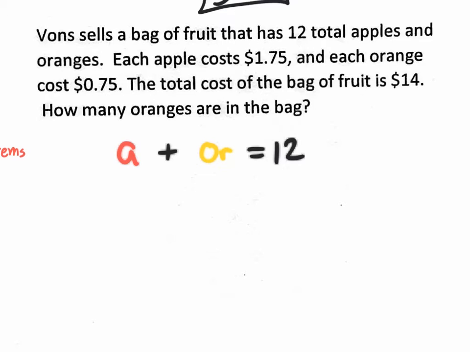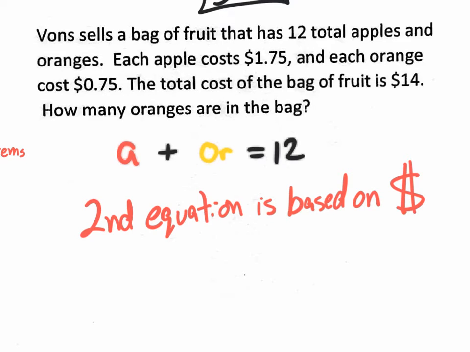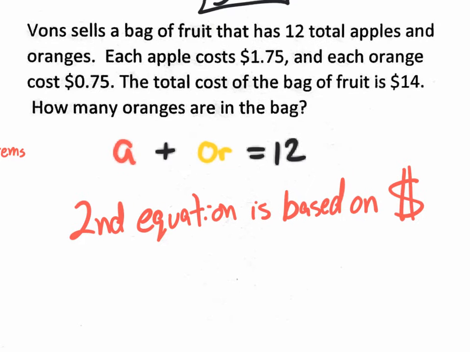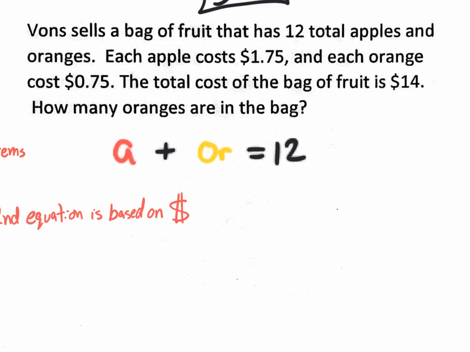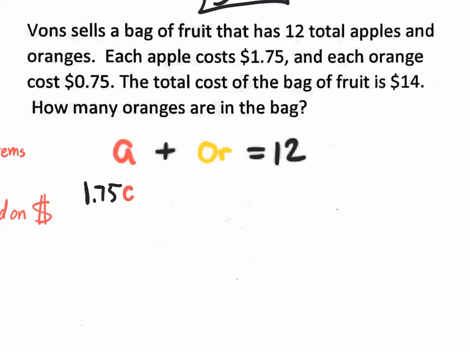Okay. Now, the other equation is based on money. Second equation is based on money. So, how much does each apple cost? Each apple costs $1.75. So we're going to put 1.75 with an A. And then plus each orange costs 75 cents.